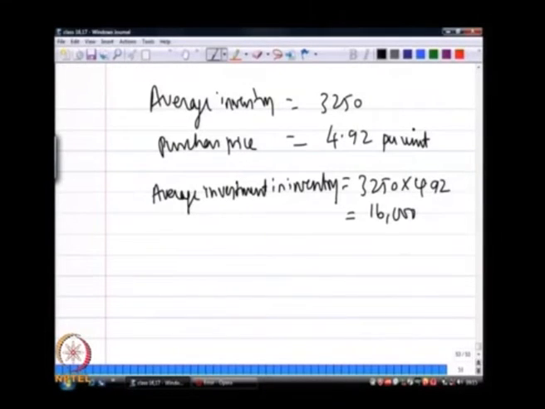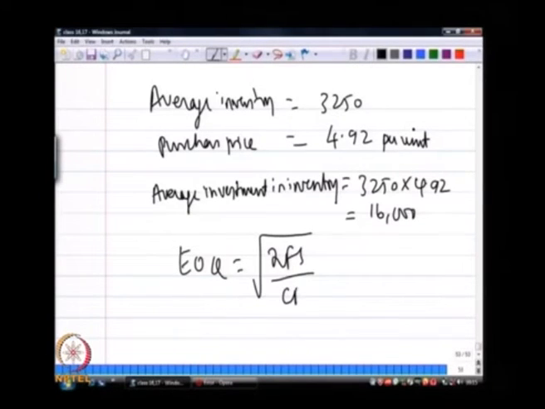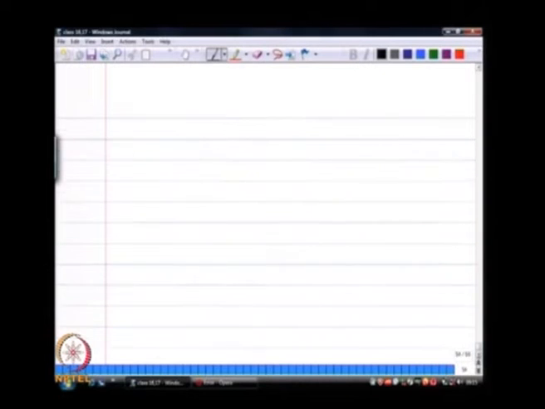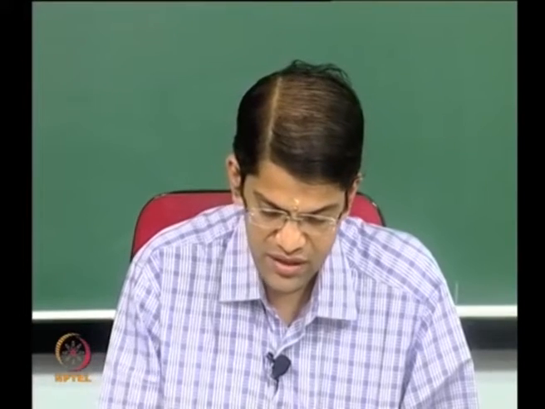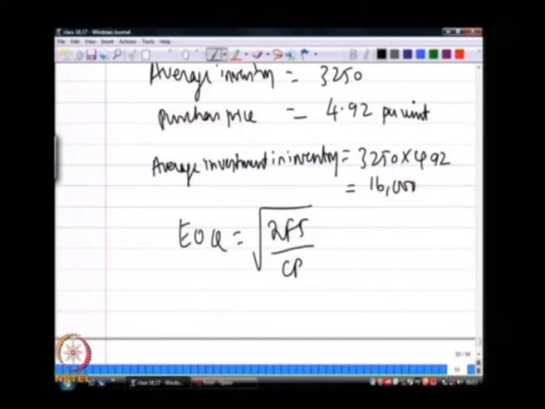Now, you should also notice one more relationship. The EOQ is the square root of 2Fs by Cp. So, we will understand that a given increase in sales will result in a less than proportionate increase in inventories, because the relationship between the EOQ and sales is not directly linear, but it is a square root relationship.